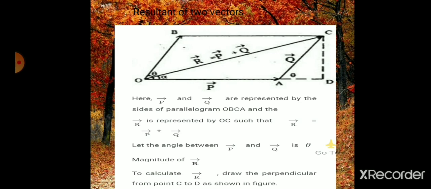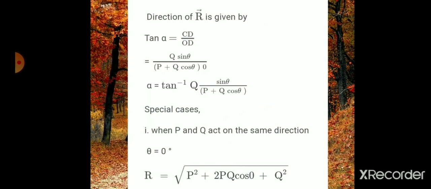OD can again be split into OA plus AD. So tan alpha is equivalent to Q sin theta divided by P plus Q cos theta, or alpha is equivalent to tan inverse of Q sin theta divided by P plus Q cos theta.